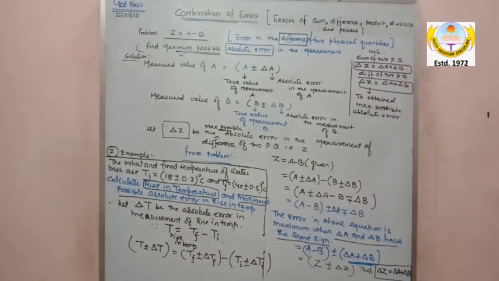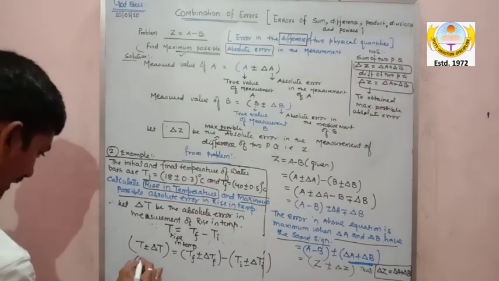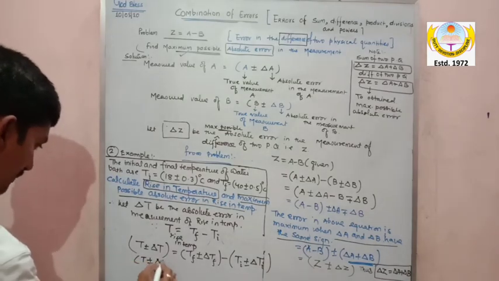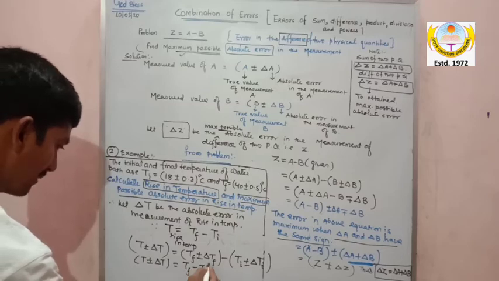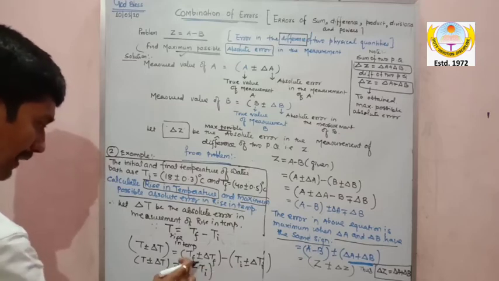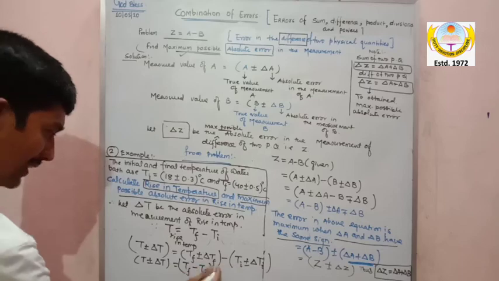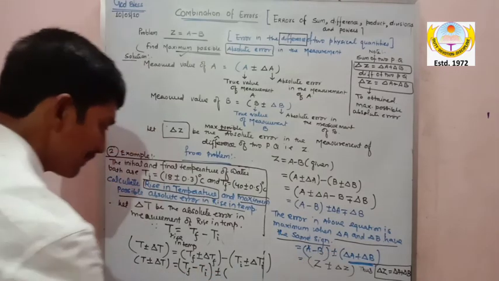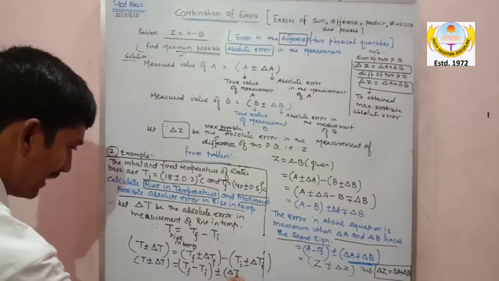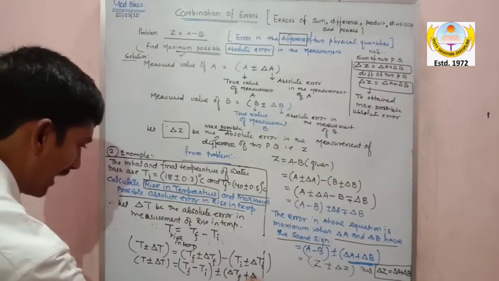So now this will be T plus minus delta T is equal to TF minus TI, plus minus, you can see here, delta TF plus delta TI.